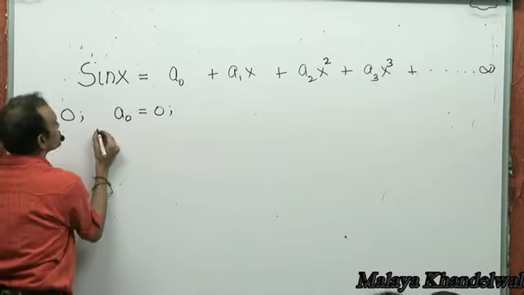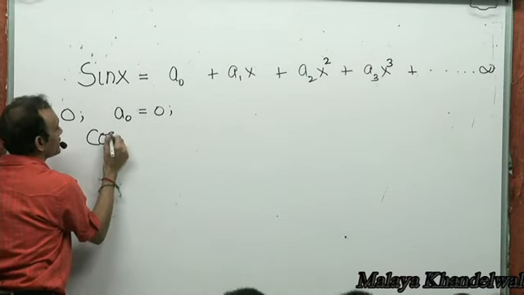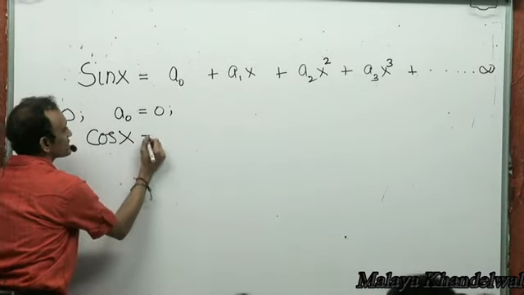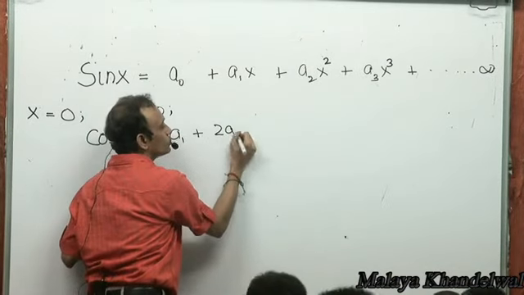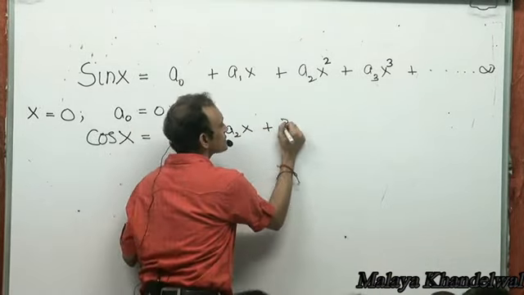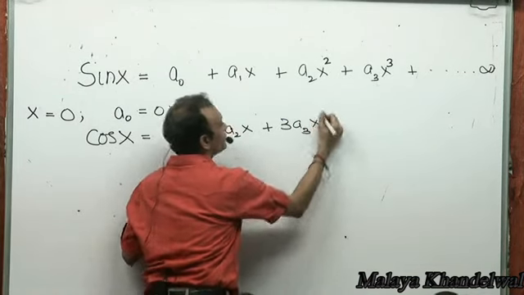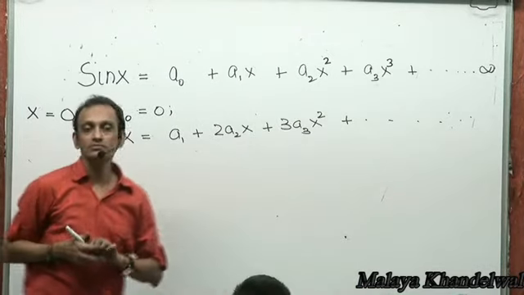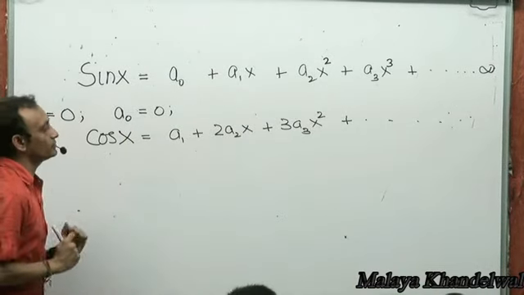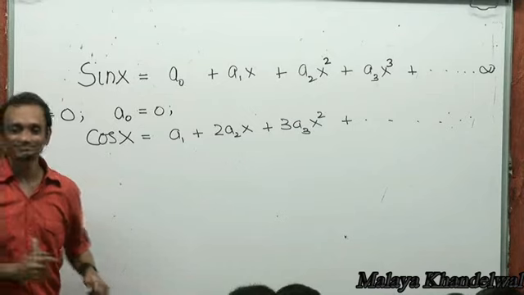So when I differentiate both sides with respect to x, I get another identity, cos x equal to a1 plus 2a2x plus 3a3x squared, and so on and so forth. Yes or no? Right? Now again plug in x equal to 0.